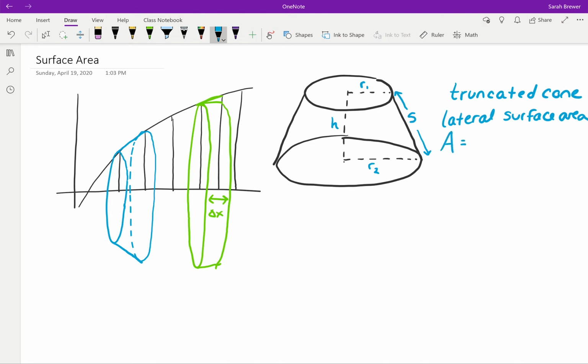well, it's very similar to the area of a cylinder. So remember, lateral surface area of a cylinder would be the circumference times the height, so 2 pi r times the height. So it's very similar for the truncated cone, but instead of the height, we're going to use this slant height.